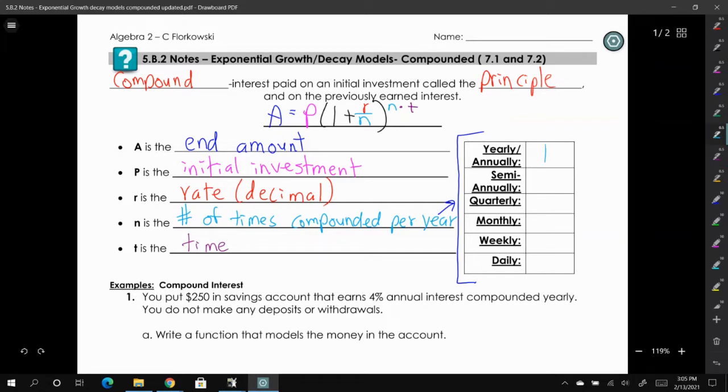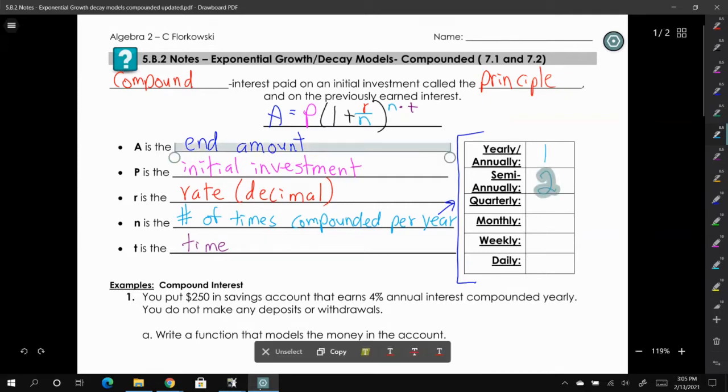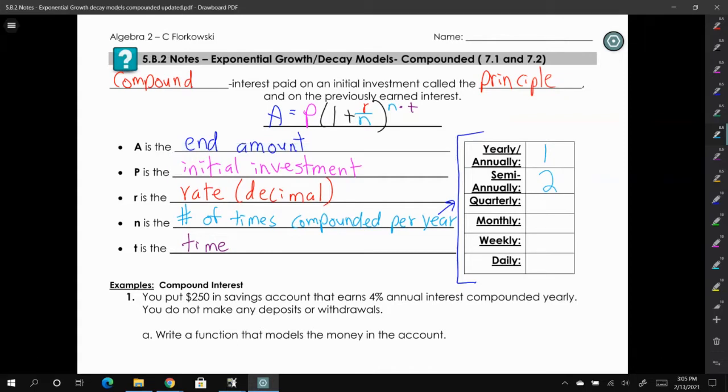Semi-annually, kind of like a semicircle is a half a circle, your interest is compounded 2 times a year. So your N would be 2. Quarterly, you know, if you think about it, there's 4 quarters in a dollar. There are 4 quarters in a year. So if you're being compounded quarterly, your N value is 4.